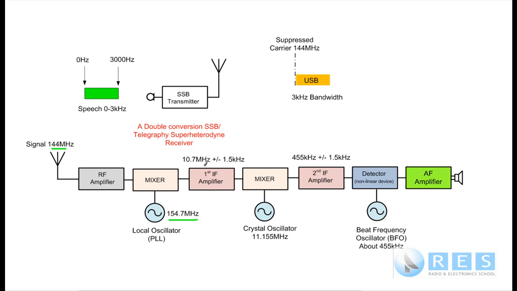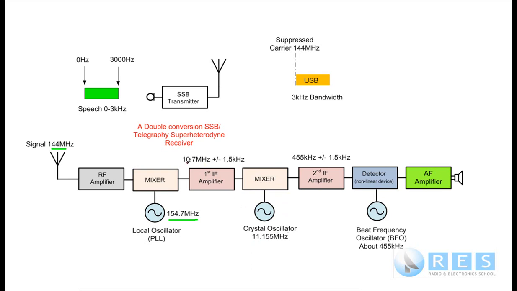get 10.7 megahertz. So our wanted signal, exactly as before, is converted by the first frequency converter to the first IF of 10.7 megahertz. Then the second frequency converter, which is a crystal oscillator on 11.155 megahertz.